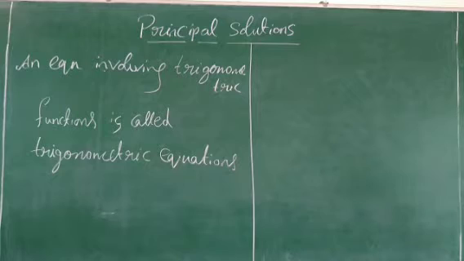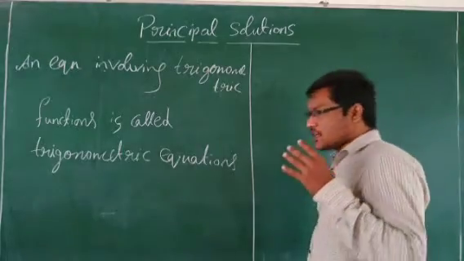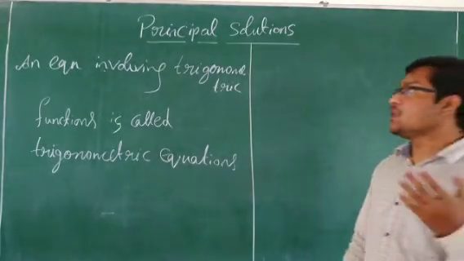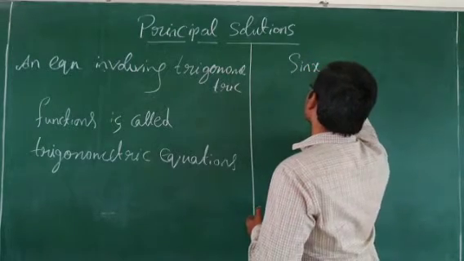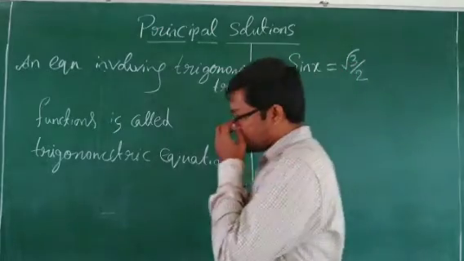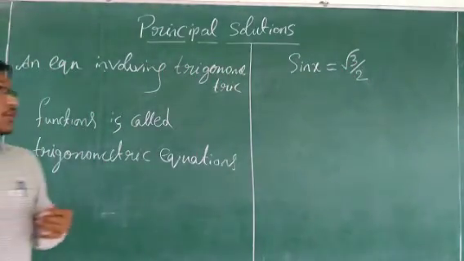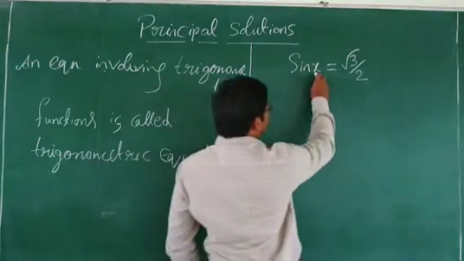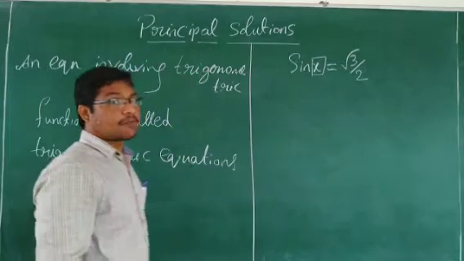Now we talk about how to find the principal solutions. Let's start by taking one simple example. Suppose we have sin x is equal to root 3 by 2. For what value of x do we get root 3 by 2?